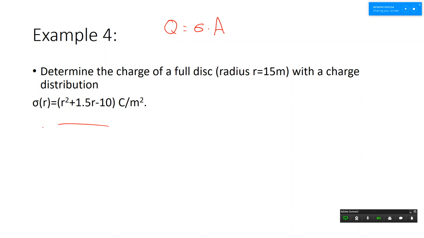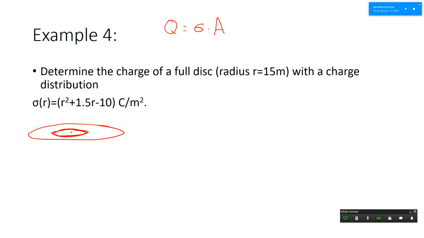If I draw my disk that has a radius of 15 meters, what is my charge density dependent on? The radius, exactly. So let's break my disk up into different radii. What shape am I breaking my disk up into? Rings, exactly. If I add up all the rings, then I can get the whole thing.